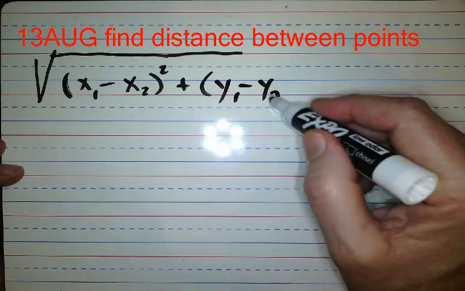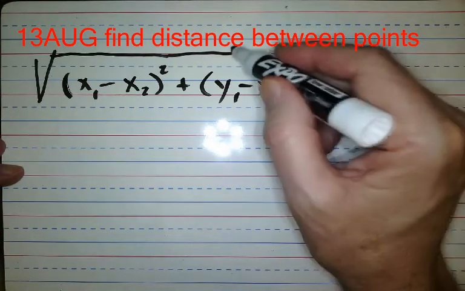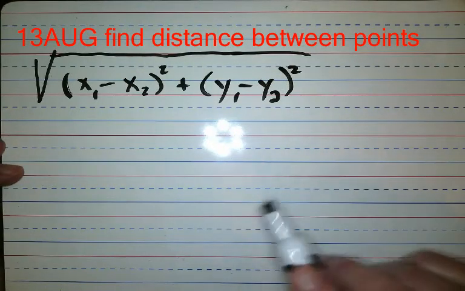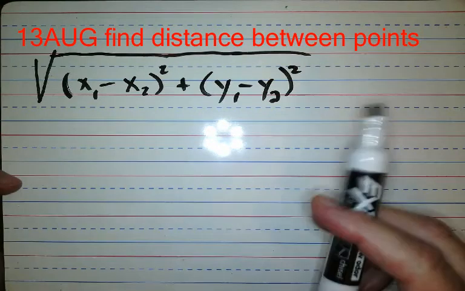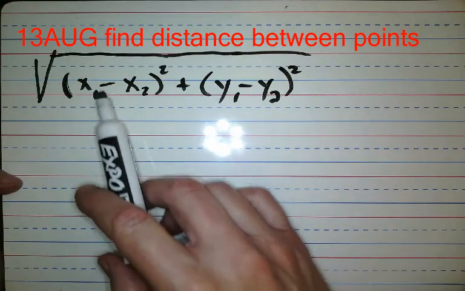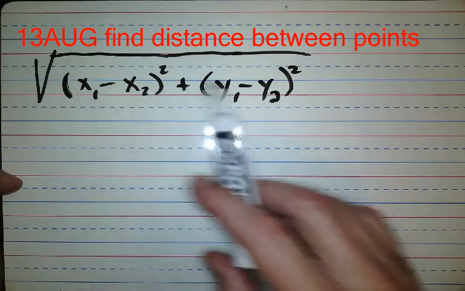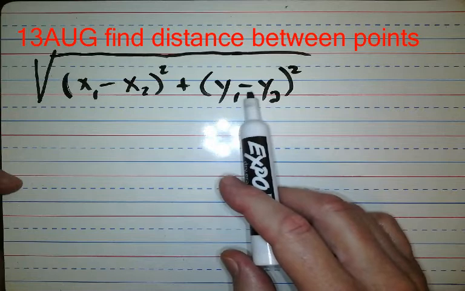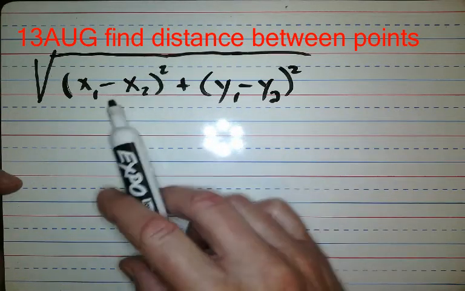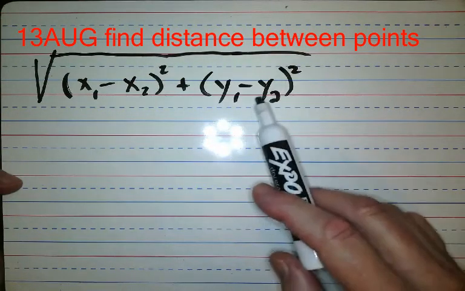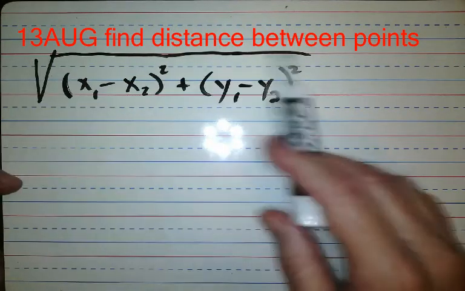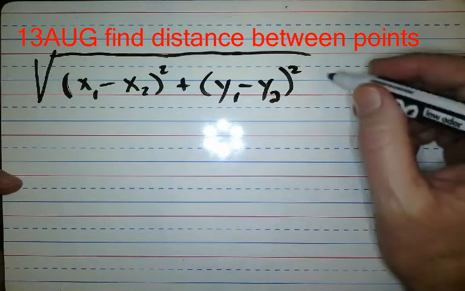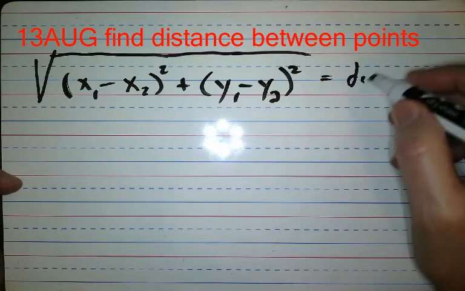Subtract the y values, subtract the x values, square it, add it together, and then take the square root. So there are 5 steps, right? Subtract the x's, subtract the y's. Square that number, add those 2 numbers together, and then take the square root. That gives me the distance between the points.